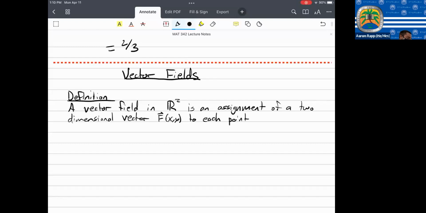So each point, x, y, that's in some domain D, which is in R2. That domain D could potentially be all of R2, so the XY plane, but we're going to be a little bit conservative with how we define it and just say it doesn't have to be all of R2, it could just be some part of R2.